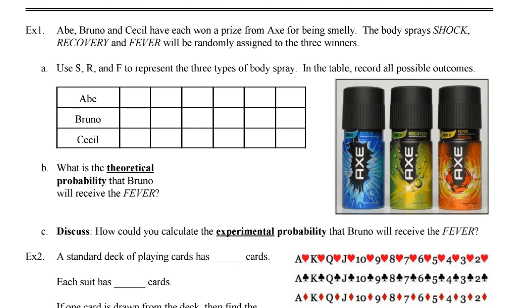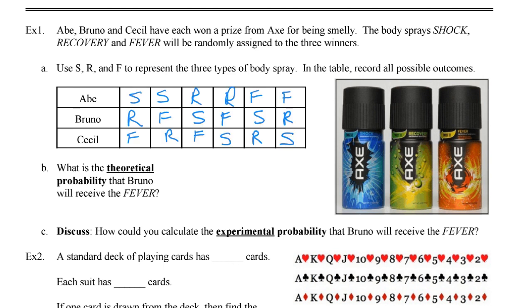Or they just give a whole bunch of stuff to Abe, and then a whole bunch of stuff to Cecil, and then a whole bunch of stuff to Bruno. And here is what the distribution of all of the different types of Axe body spray came out to be.